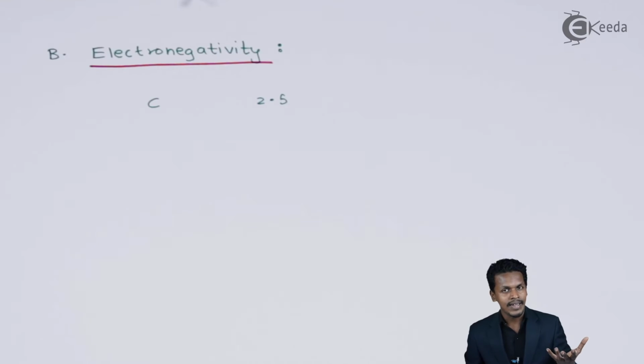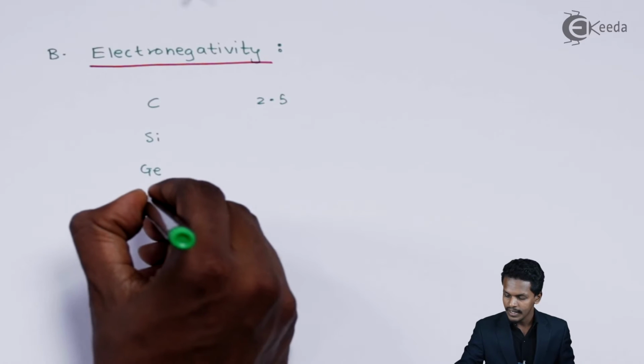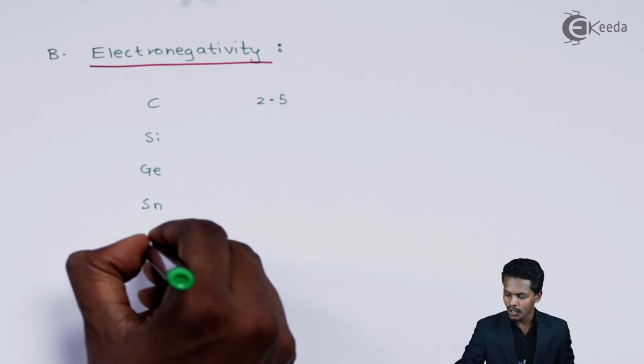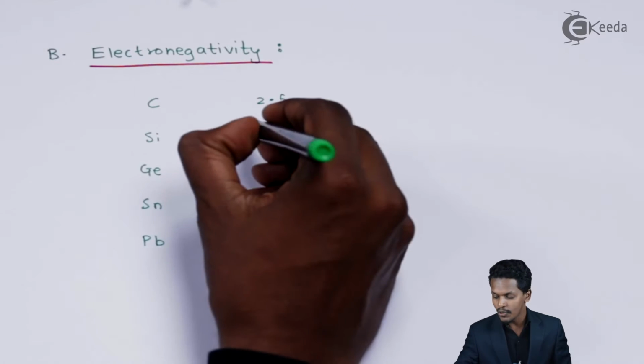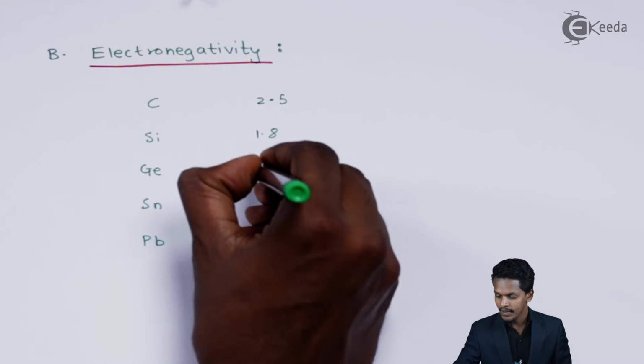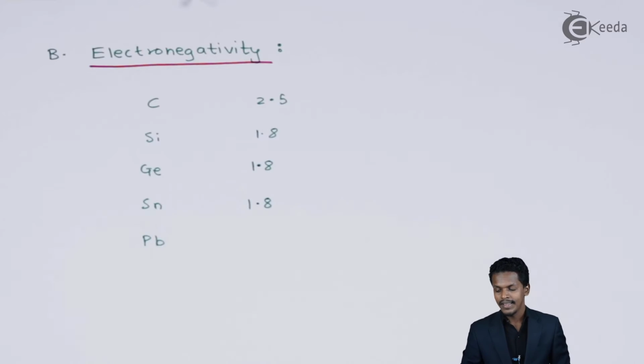Talking about the other elements, silicon, germanium, tin, and ultimately lead, from silicon to germanium and tin the electronegativity has been found to be constant, at 1.8, from silicon to tin. This kind of electronegativity arises because of the inert pair effect also.